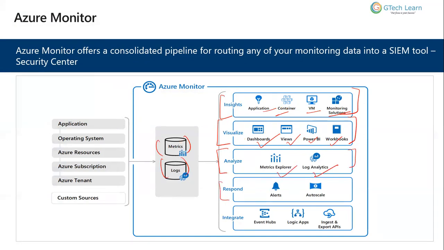For responding to any kind of problem, we can have alerts and autoscale, and for integration and automation, Event Hub, Logic Apps, and export APIs are present, which we can utilize in Azure Monitor to remediate the problems we detect.